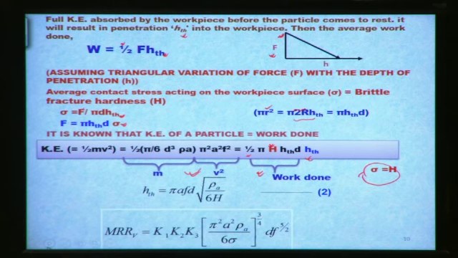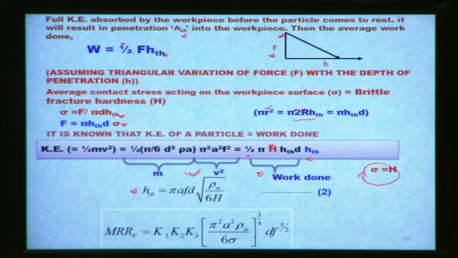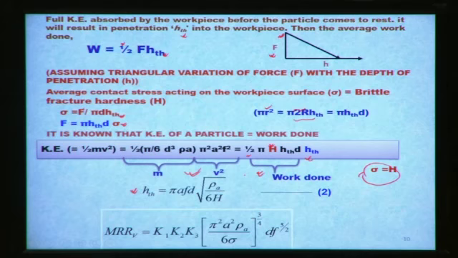Now after simplification we shall get the depth of indentation by the throwing model. It is equal to pi a f, where f is the frequency of vibration, d is the diameter of this grit, and rho_a is the density of this abrasive particle, divided by 6H, where capital H is the hardness of this workpiece material, all under a root.